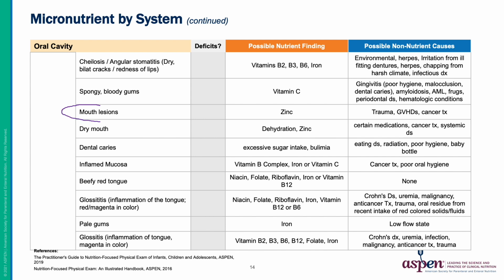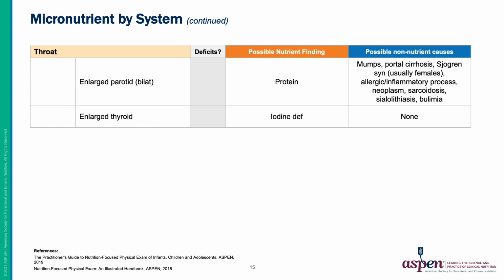For example, note mouth lesions could possibly be zinc deficiency, except this patient is undergoing cancer treatment. This is also a good place to document anything of concern from the parents or the teenager.